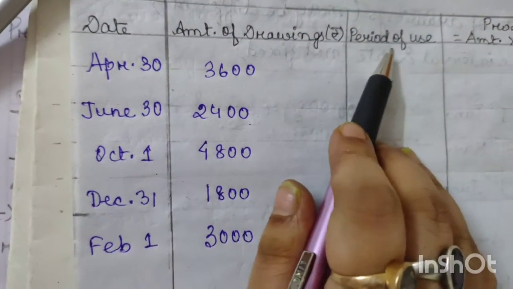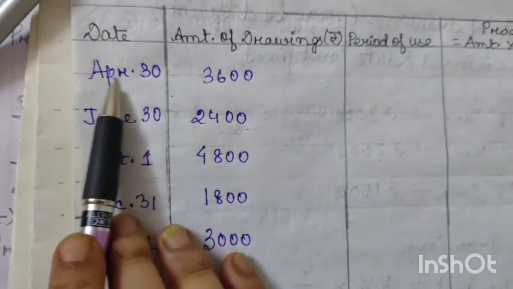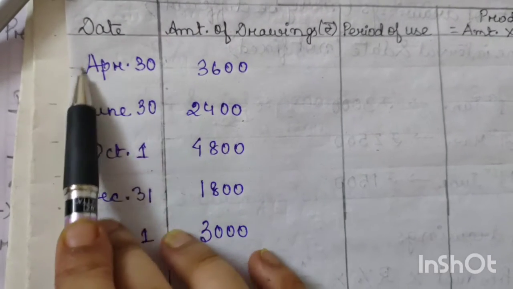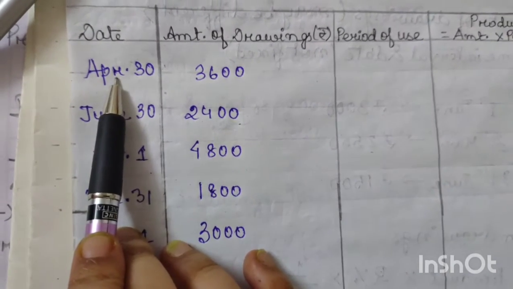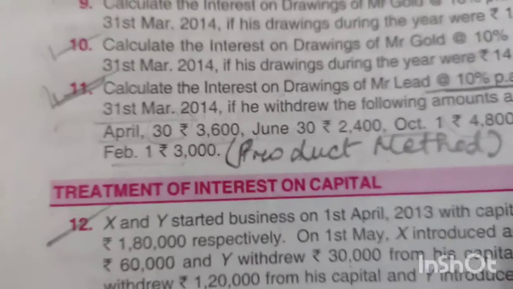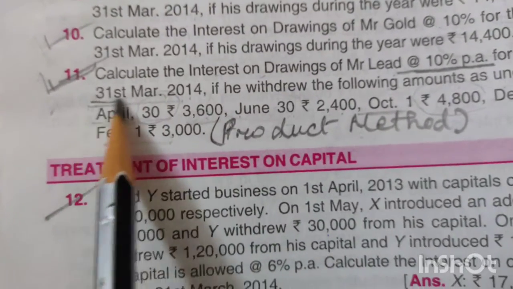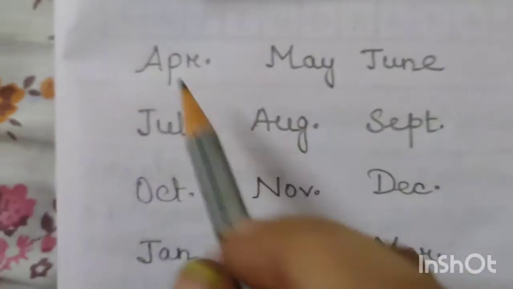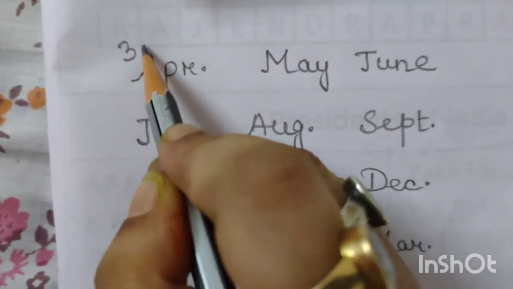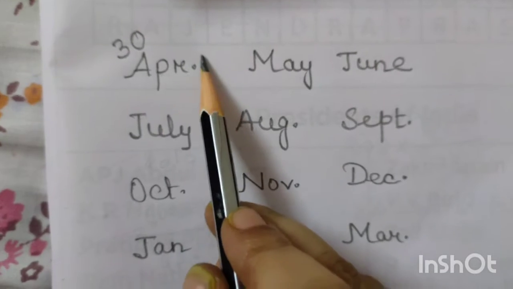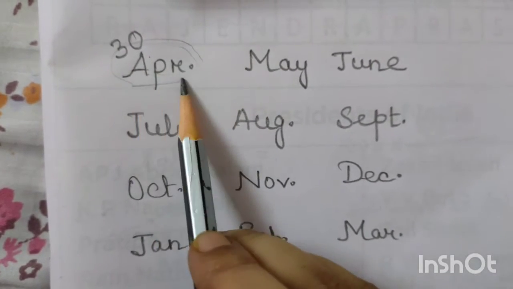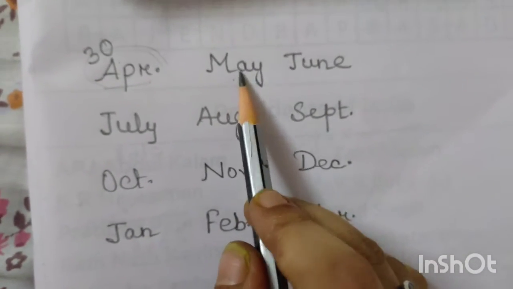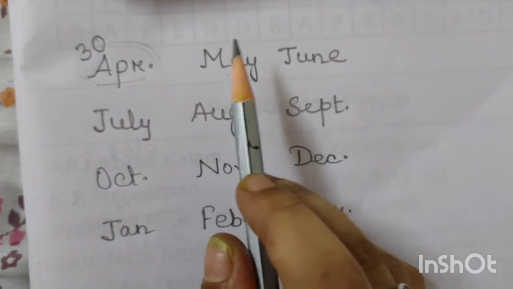Now we have to record period of use. Now in the first case he has withdrawn the money on April 30. So as written in the question that the year ends at 31st March, if he withdraws money on 30 April, that means this month won't be considered because this is the end of the month. We have to count from May, right?